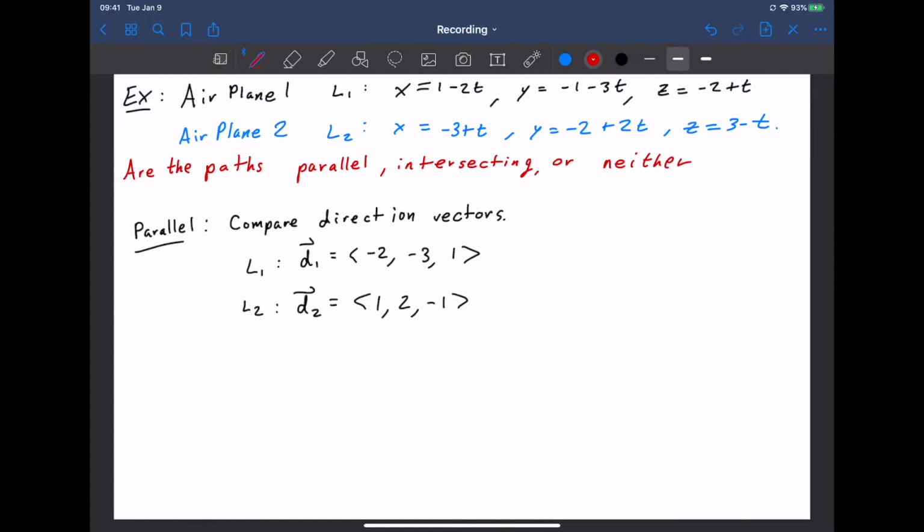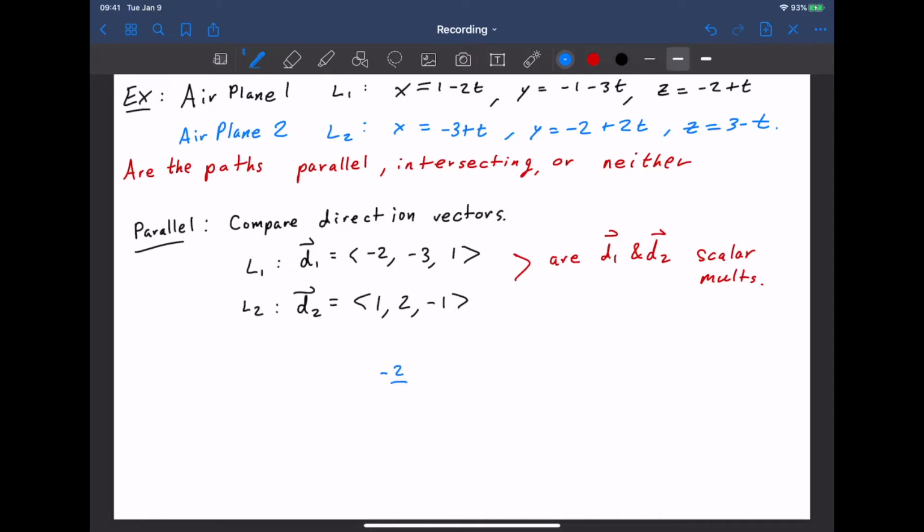And what do we mean by compare? Are D1 and D2 scalar multiples? If you're having a really hard time seeing stuff like that, you could do the cross product, but I think that's a waste of your time. The real advice I would give is if you think these are scalar multiples, the easiest thing to check is to start checking the ratios of the direction numbers.